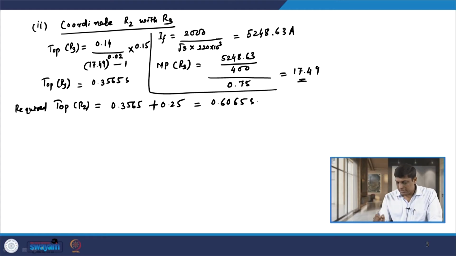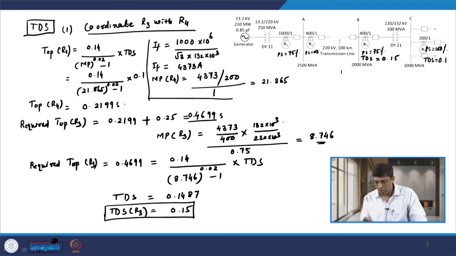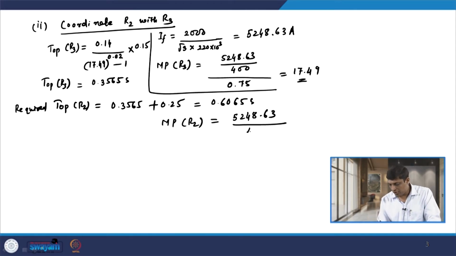Now for the same fault level, let us calculate the multiple of pickup current of relay R2. For the same fault current, 5248.63 divided by the CT ratio of relay R2. Relay R2 is given as 400 and its plug setting is 100%, so this is 400 whole divided by 1.